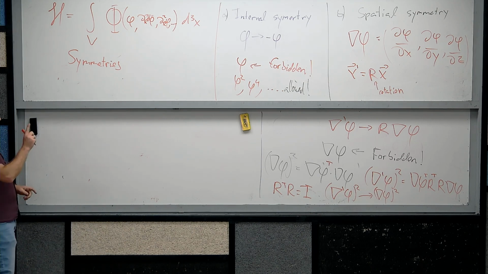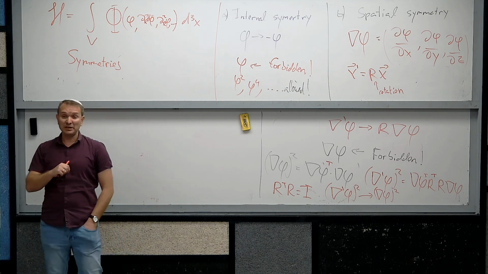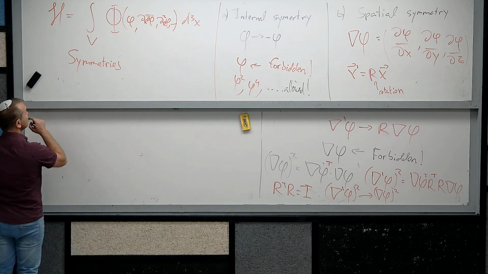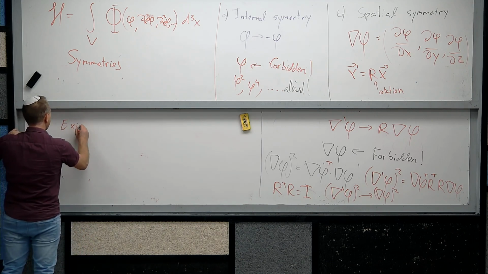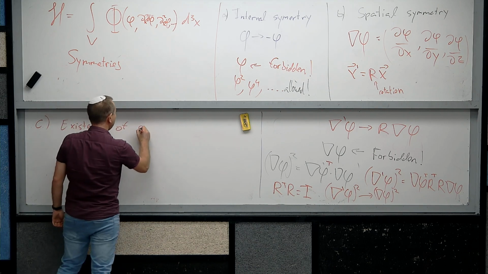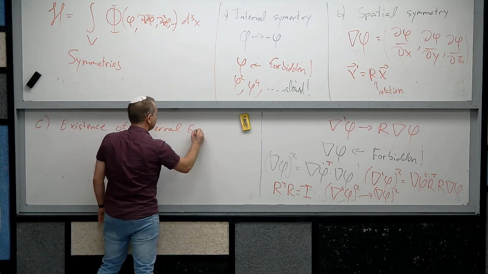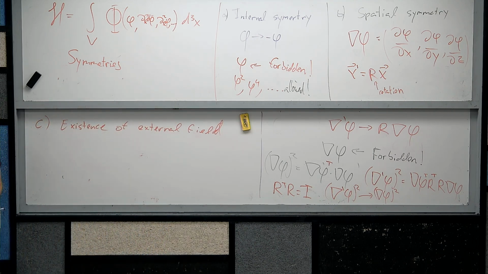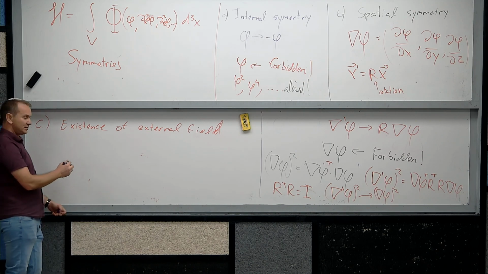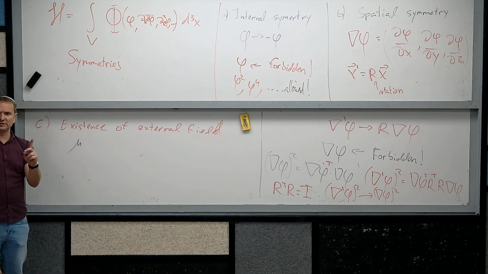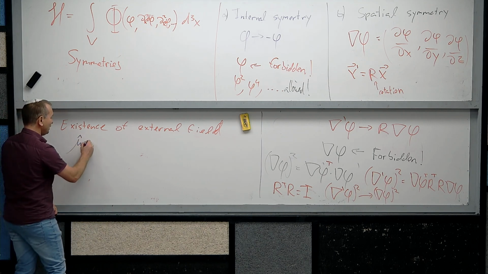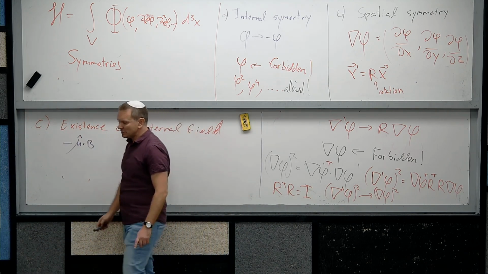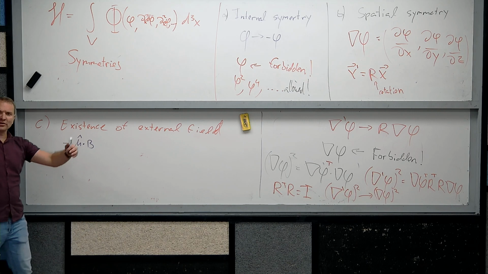The only thing that bothered them is the existence of an external field, in addition to internal symmetry and spatial symmetry. If I have an external field, how does it interact? For a single spin it is minus mu dot B. What are the allowed terms?